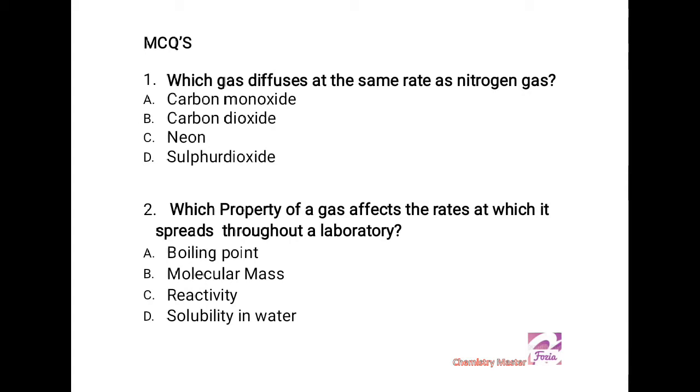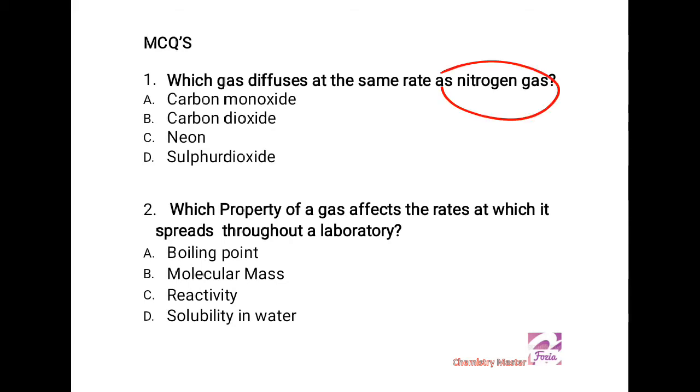So if a gas is lighter, it will mix faster, and if a gas is heavier, if its particles are heavier, then it will take longer to mix together. With this concept we solve MCQ number 1: which gas diffuses at the same rate as nitrogen gas?